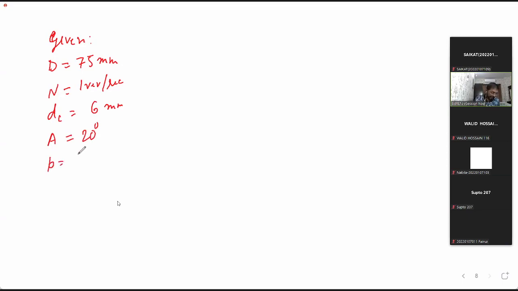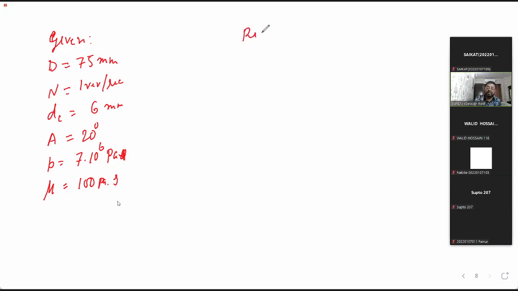Pressure is given as 7 into 10 to the power 6 Pascal. Sorry, it is Pascal, not Pascal second. And mu or eta is given as 100 Pascal second.